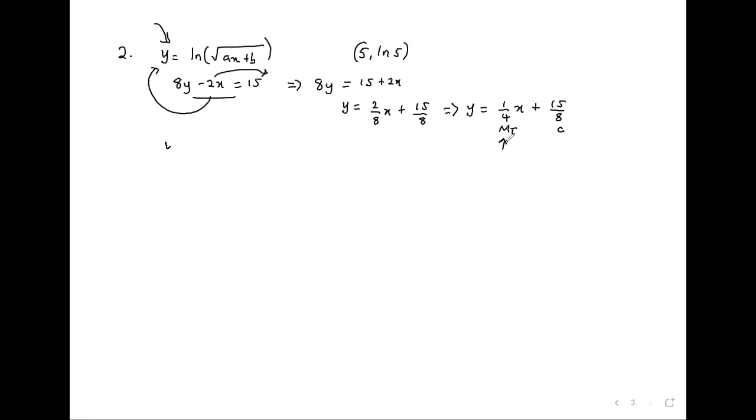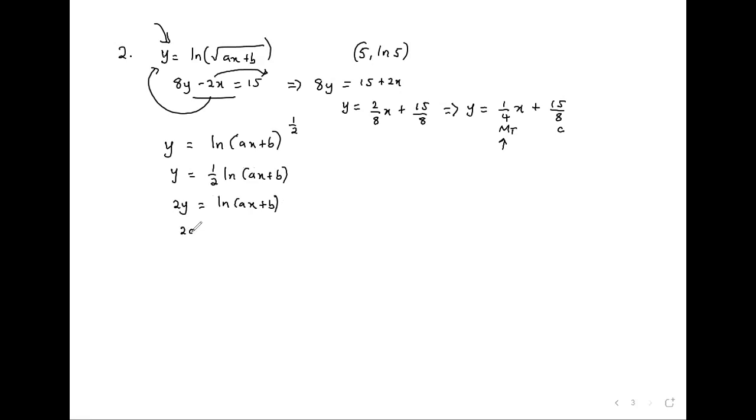So we'll differentiate our y. This is the same as (ax plus b) power half, which is the same as half ln(ax plus b). How do we differentiate ln? If you want, you can say 2y is equal to ln(ax plus b), and then differentiate.